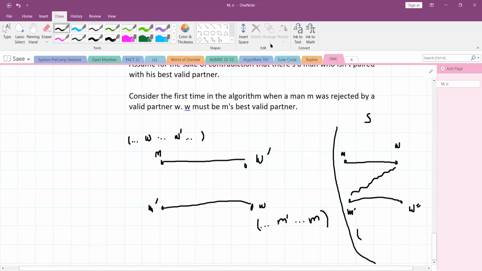So it must mean that M prime likes W double prime more than W. Okay, so should I repeat once again? Okay, which part is not clear exactly?